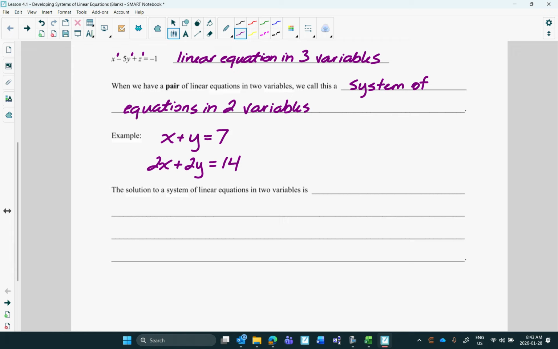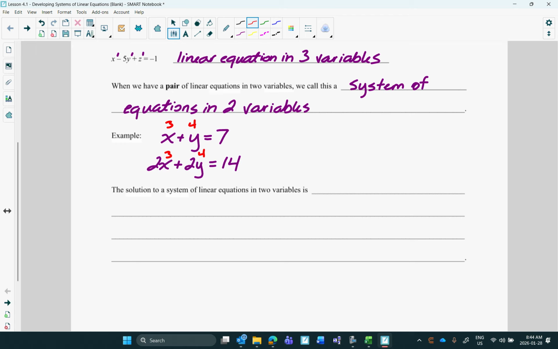Okay, so if I said x was 3, y is 4, I'll write that down. Is 2 times 3 plus 2 times 4 equal to 14? Yes. 2 times 3 is 6. 2 times 4 is 8. 6 plus 8 is 14.